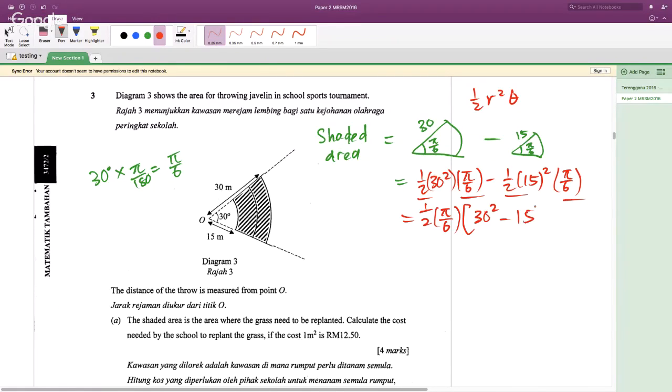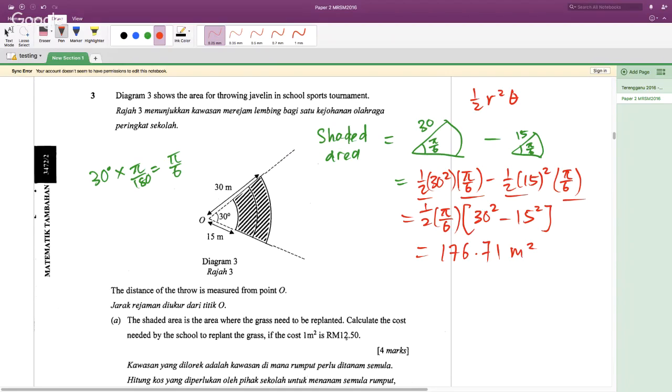It will be easier to tap in the calculator. So it's half times pi over 6 times 30 squared minus 15 squared. You should get some decimal, 176.71. This is meter square.